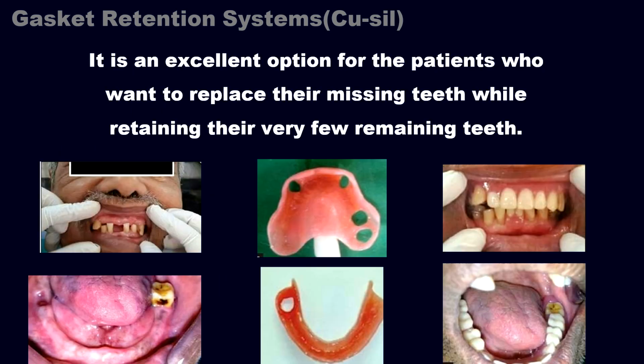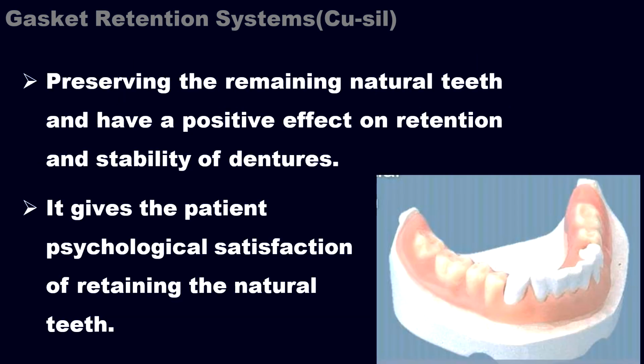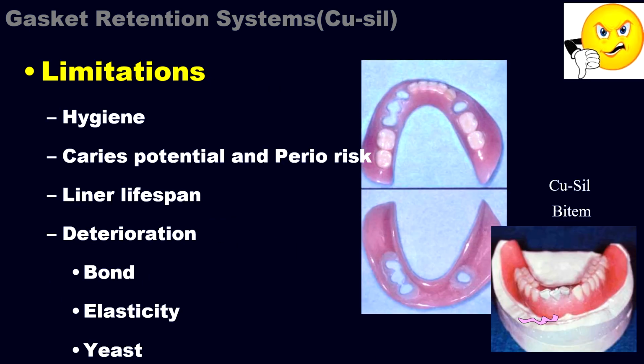It is an excellent option for patients who want to replace their missing teeth but retain their very few remaining teeth. It preserves the natural teeth, however, with added cost and technique, retention and stability of the denture. It gives the patient psychological satisfaction of retaining the natural teeth.